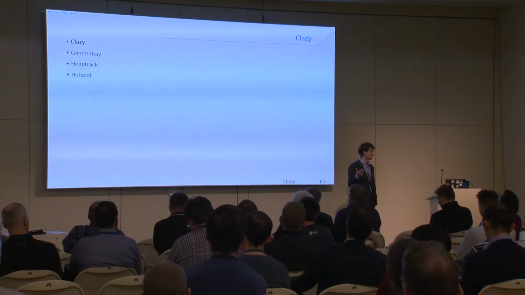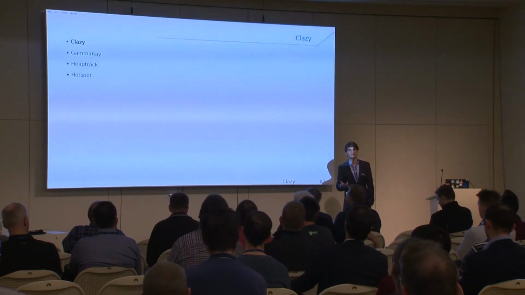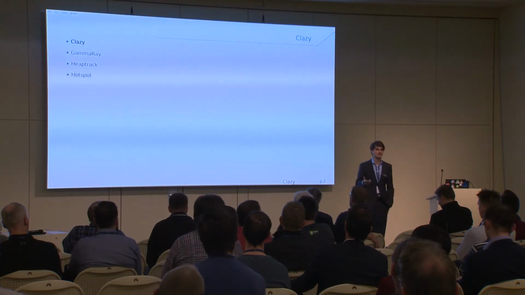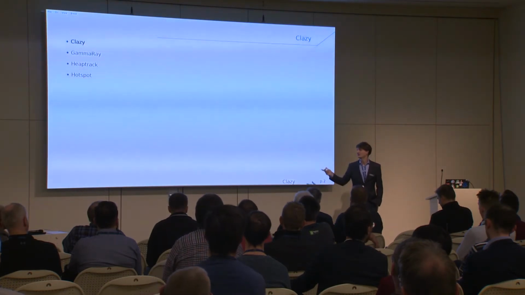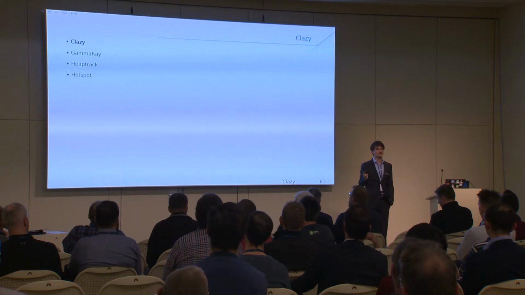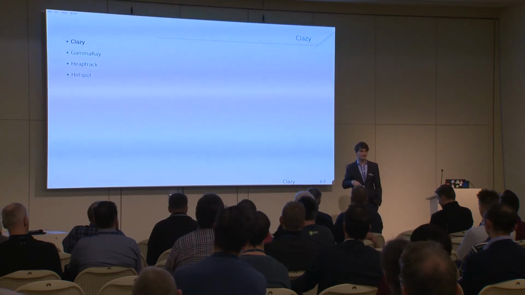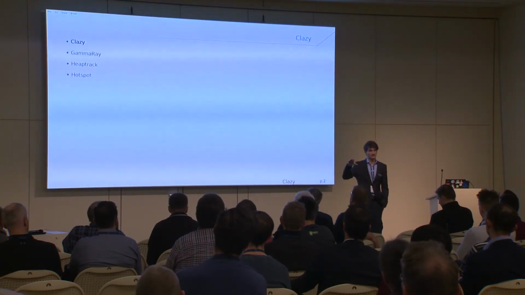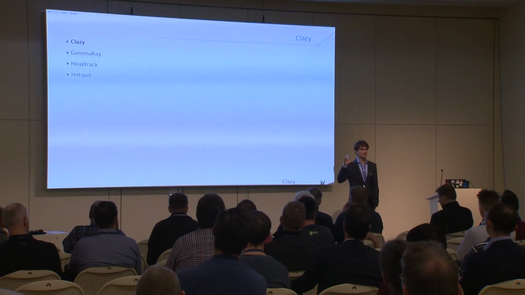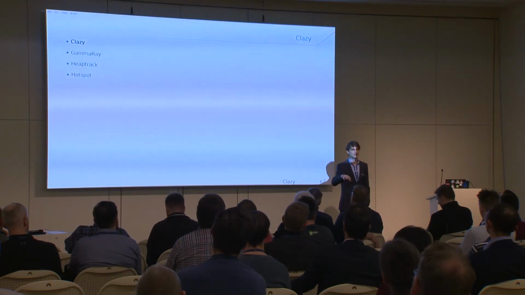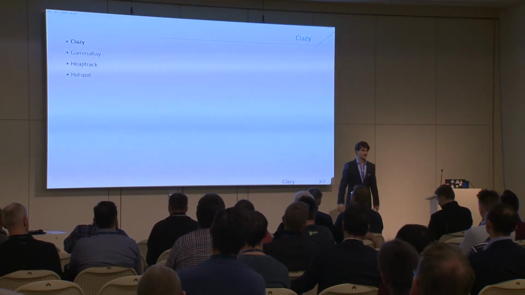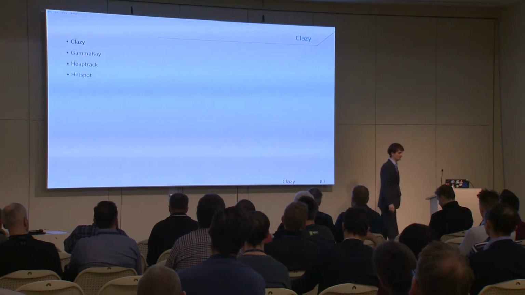And then the third one is Heaptrack, a memory profiler on Linux that I created, and Hotspot is another tool that I have spearheaded, which is a UI frontend on top of the Linux perf subsystem, so a sampling profiler, and we have created a nice UI around that, which makes it easier to use.